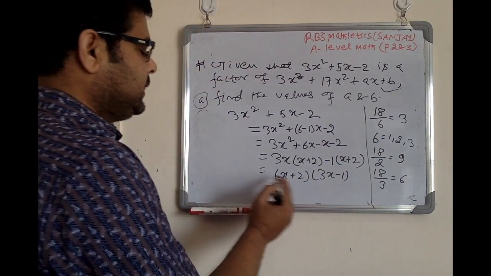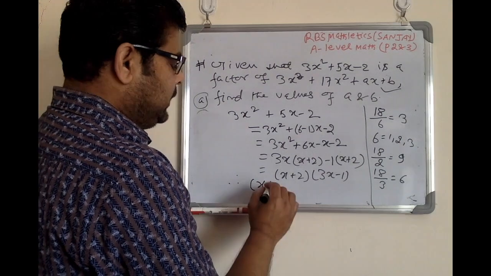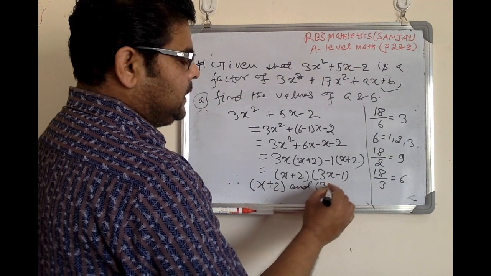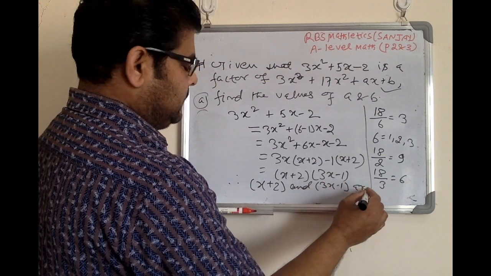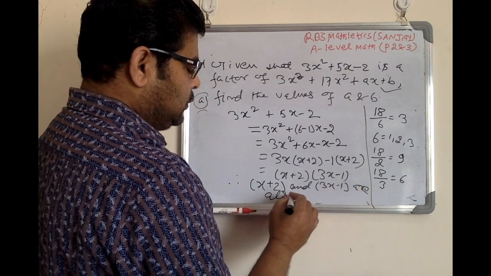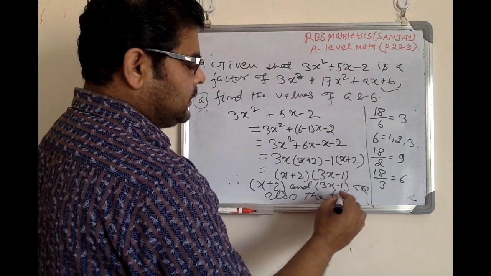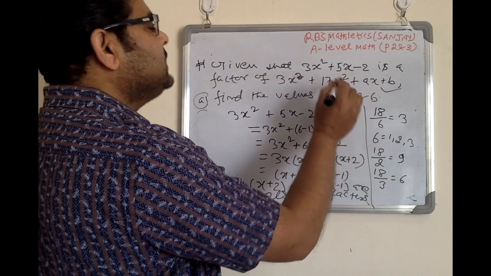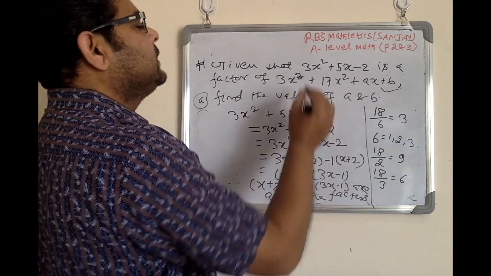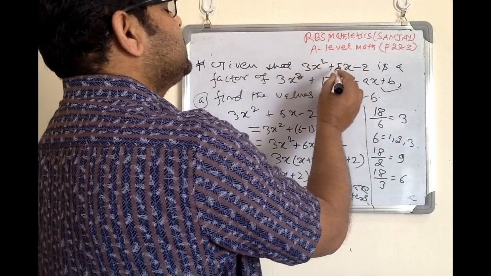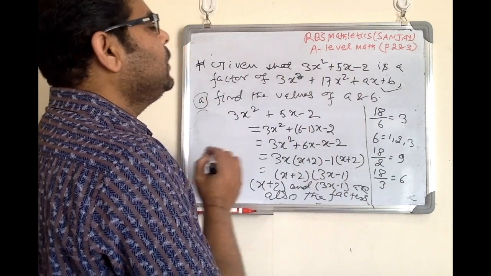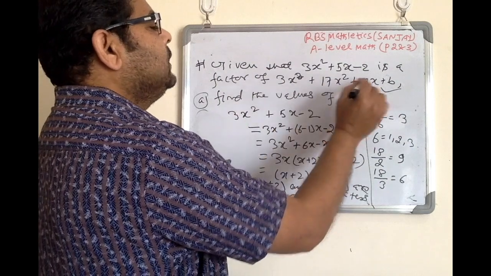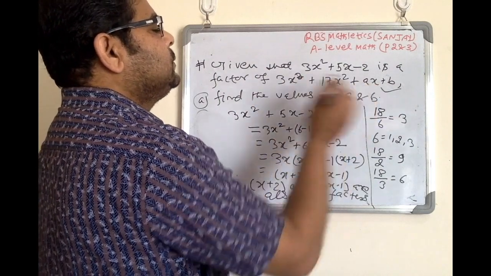Therefore x plus 2 and 3x minus 1 are also factors of the given polynomial, as these are factors of the polynomial 3x squared plus 5x minus 2, which according to the question divides the given polynomial. So they are going to divide this polynomial.